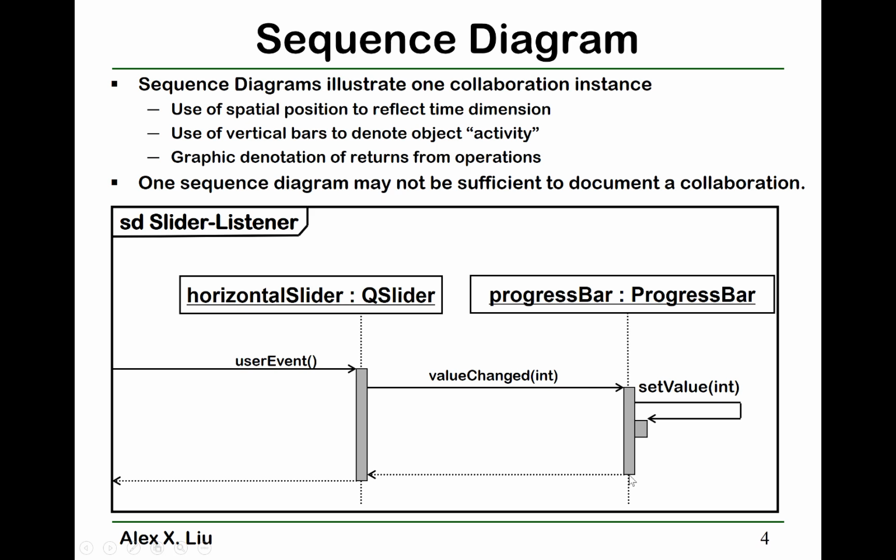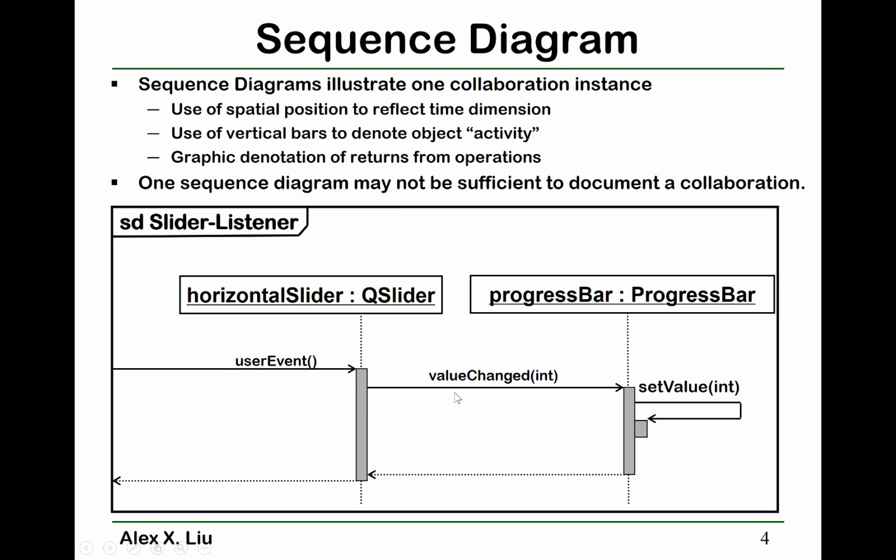All right, when it finishes, it returns. We use a dashed line to indicate the return, and here is the return of the user event. So the return uses a dashed line. Basically, we use the spatial positions to reflect the time dimension, which means that from the top, you can see first we have the user event.